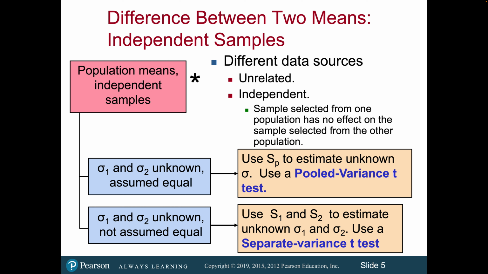If you come down to the bottom and look at the blue boxes, when we assume sigma 1 and sigma 2 are equal, then we use a pooled variance t-test, and when not assumed equal, they call it a separate variance t-test. Most people will call that an unpooled t-test. I think we only look at the pooled variance t-test in this class.